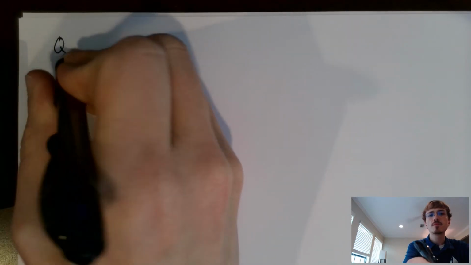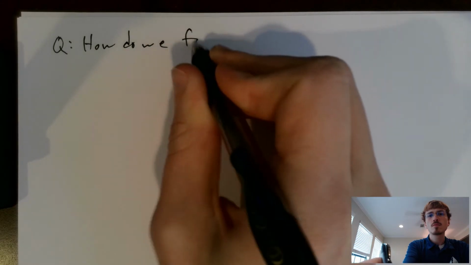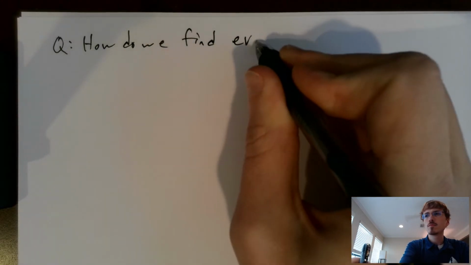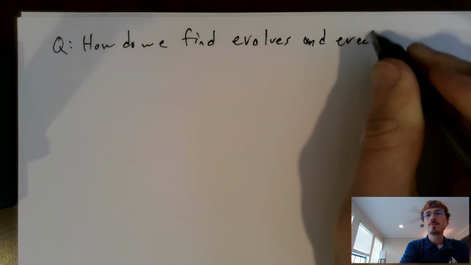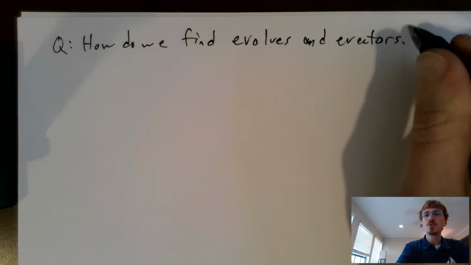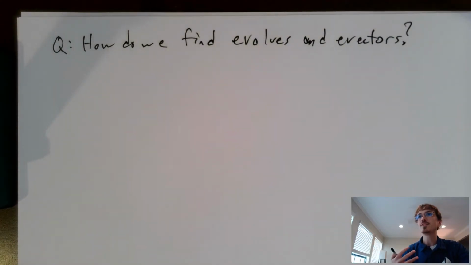So how do we find them? These have some really nice applications that we'll see later, but for now they're just nice vectors that don't have their directions changed whenever you apply the matrix A. They're kind of fixed under the transformation T of x equals Ax.